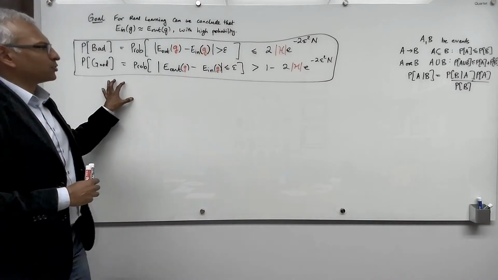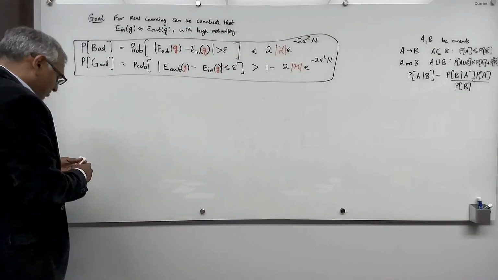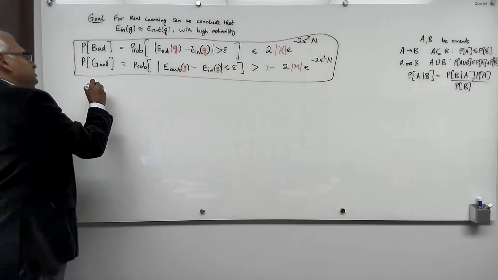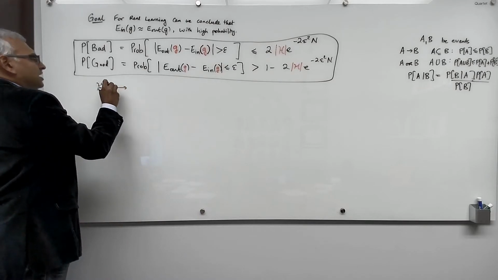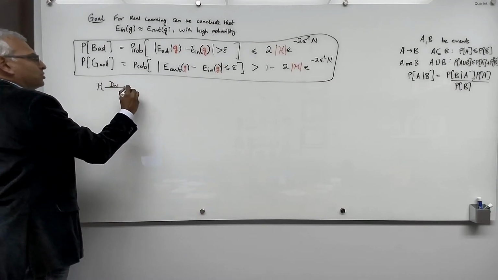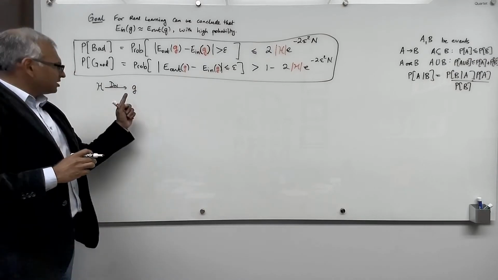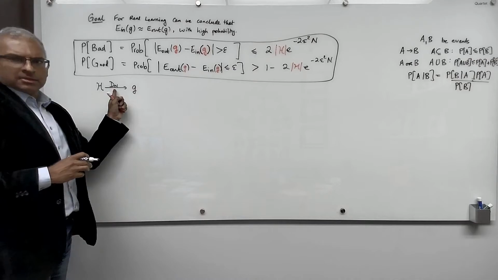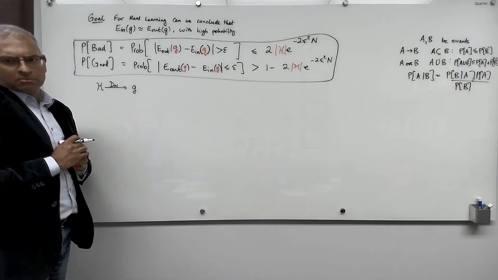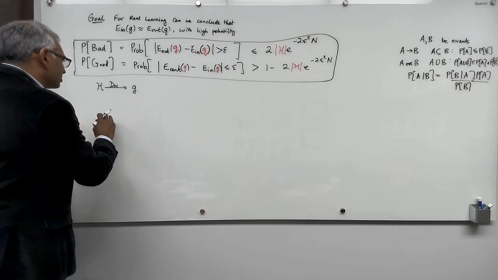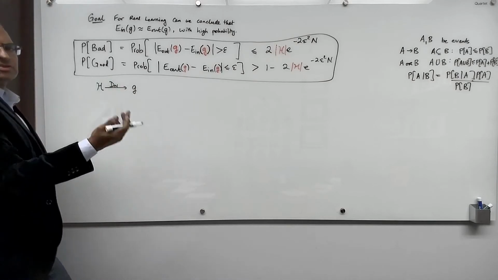Now let's go ahead and prove this. Remember what happens: you have a hypothesis set H, you get the data D, and you produce g. Now, if this g didn't depend on the data set, then we can apply Hoeffding. So let's look at hypothesis H1.